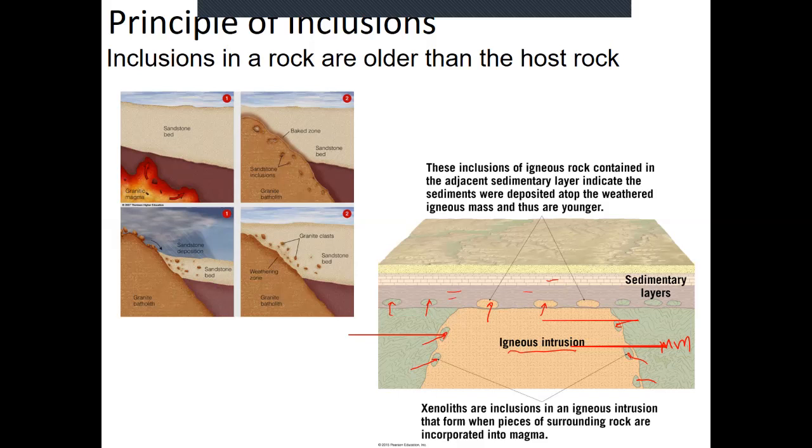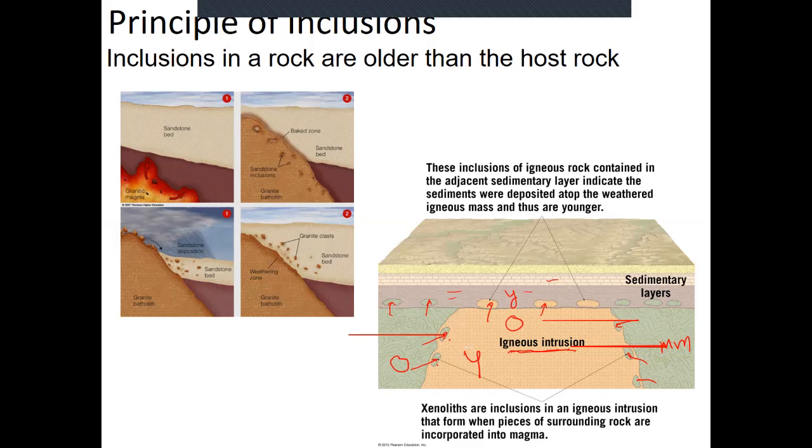Well, according to the principle of inclusions, the host rock is always younger. What that means is because the igneous rock is hosting inclusions of the metamorphic rock, the igneous rock is younger and the metamorphic rock is older. Because the shale is hosting inclusions of igneous rock, the shale is younger than igneous rock.